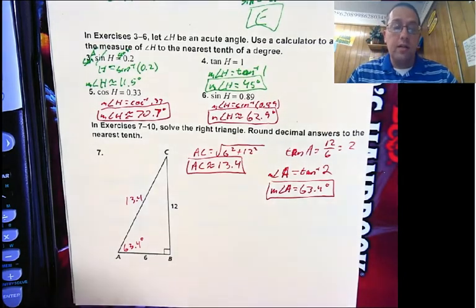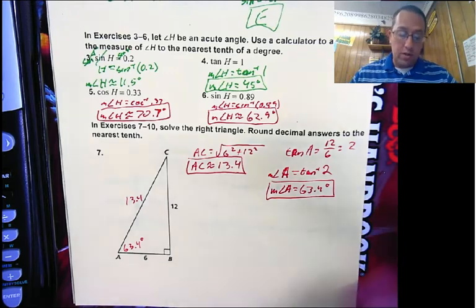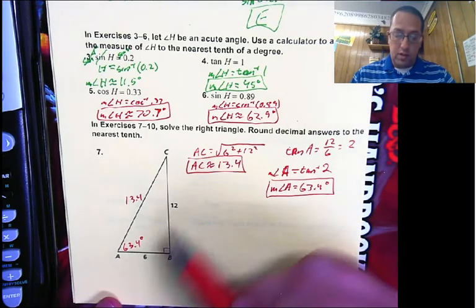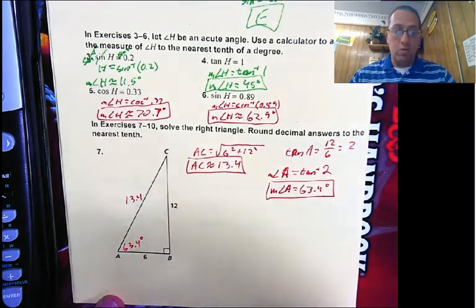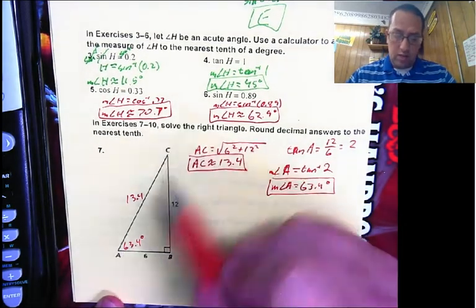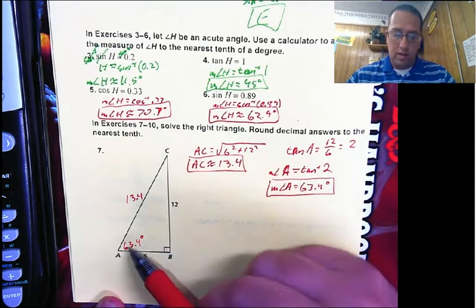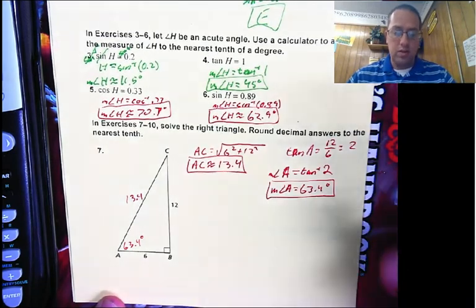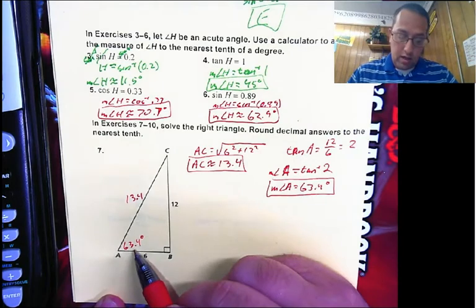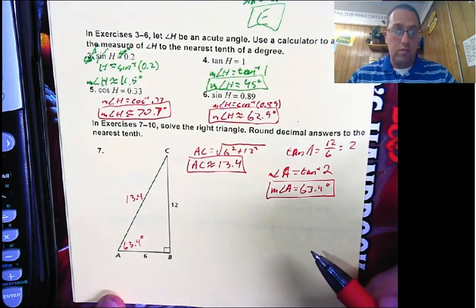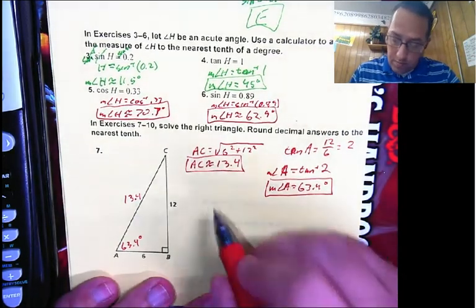Now we need to find the measure of angle C. So a couple ways we could do this. We could do tangent again, right? Inverse tangent of 6 over 12, or since we know that these two angles add up to 90 degrees, because all three of them are 180, this is 90, so our acute angles are 90 degrees, I could just take 90 degrees minus 63.4, which is what I'm going to do.